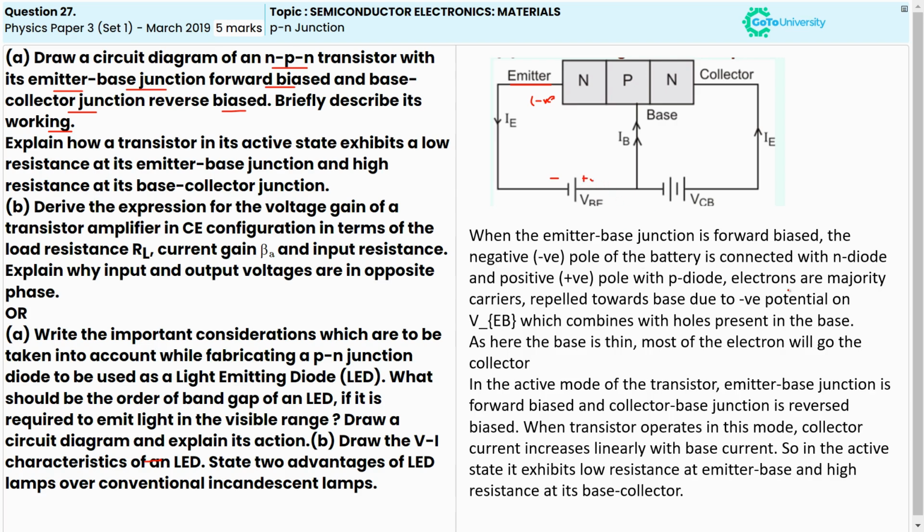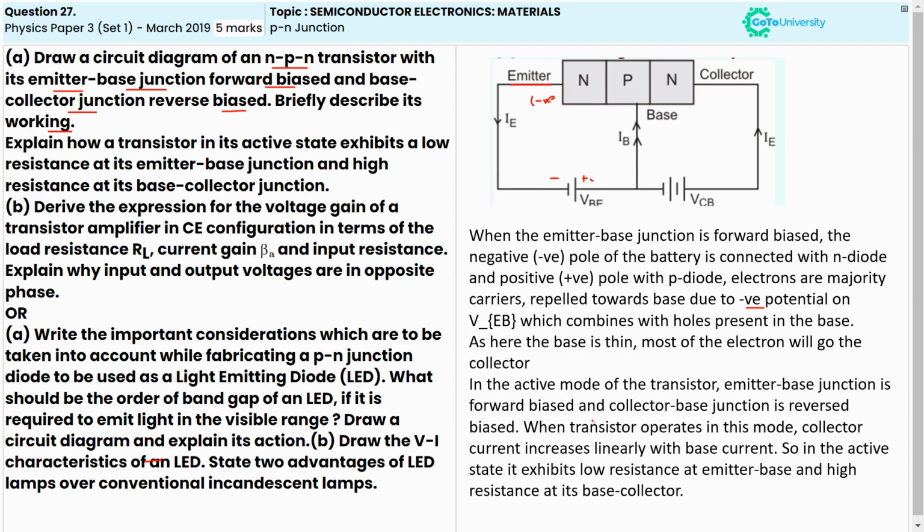Electrons, the majority carriers, are repelled towards the base due to the negative potential on VEB, and combine with the holes present in the base. As the base is thin, most of the electrons will go to the collector.